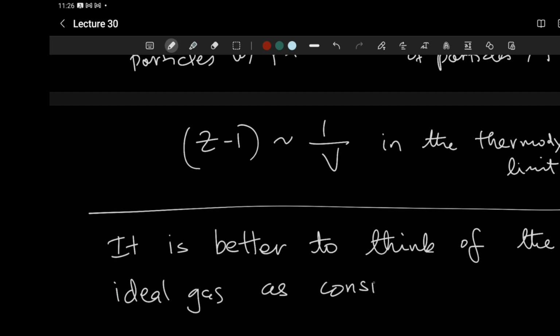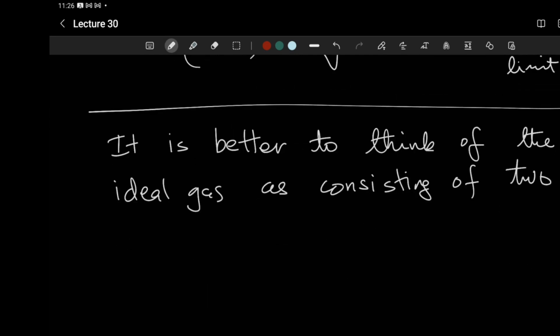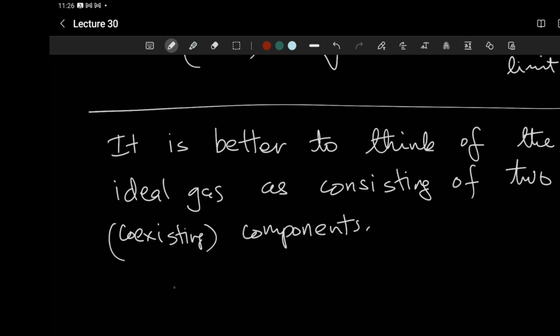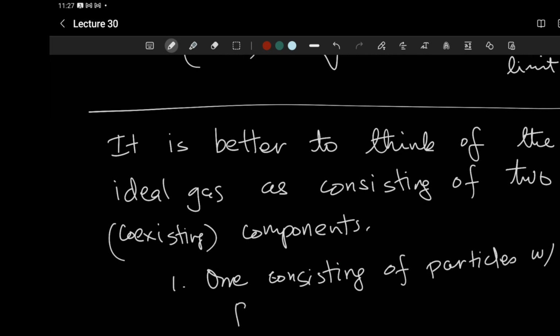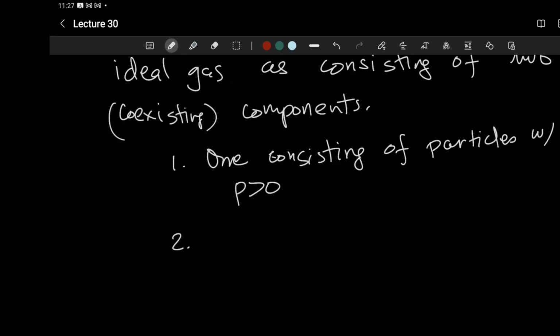as consisting of two coexisting components. The first component is one consisting of particles with p greater than 0, and the second one consisting of particles with 0 momentum.